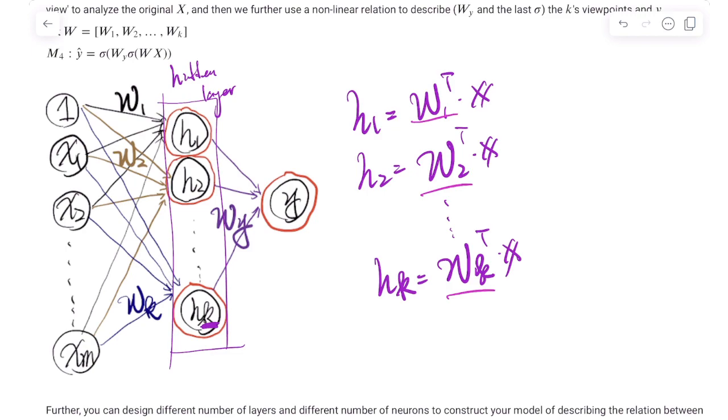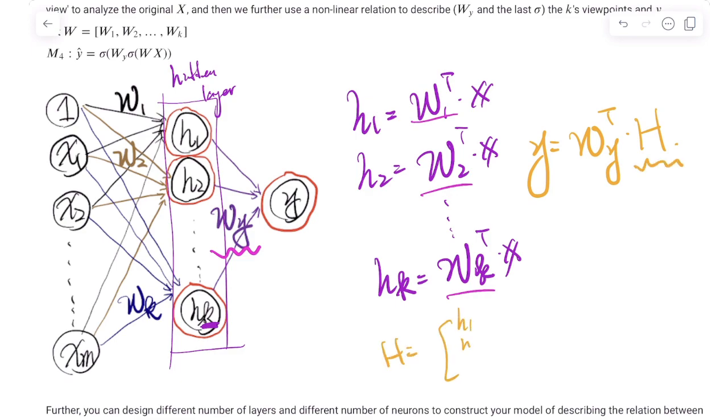And then right here we have another one, which is something like that. This big H is the collection of the values of all hidden neurons, and we use another weight to describe the relationship.